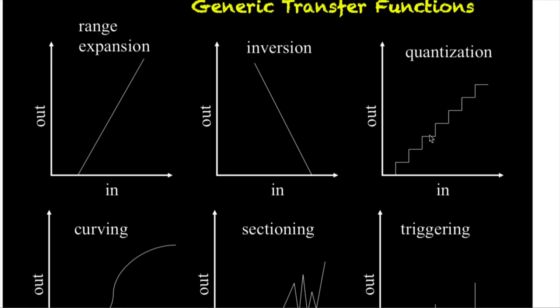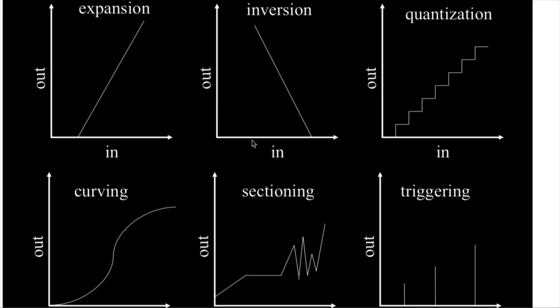This is essentially lowering the bit rate of your signal. I mean, obviously, in many cases, the bit rate of your signal is the exact same thing. You're just simulating a lower bit rate, which means less resolution vertically. Okay, so you're decreasing the resolution of your signal. Can be useful.